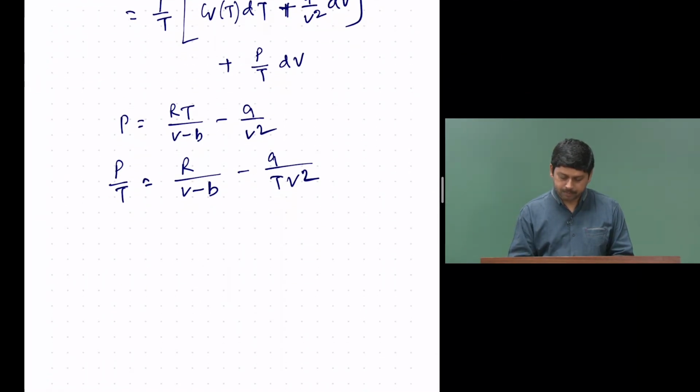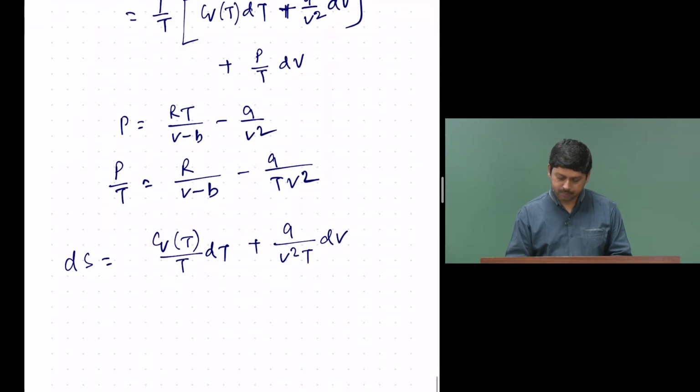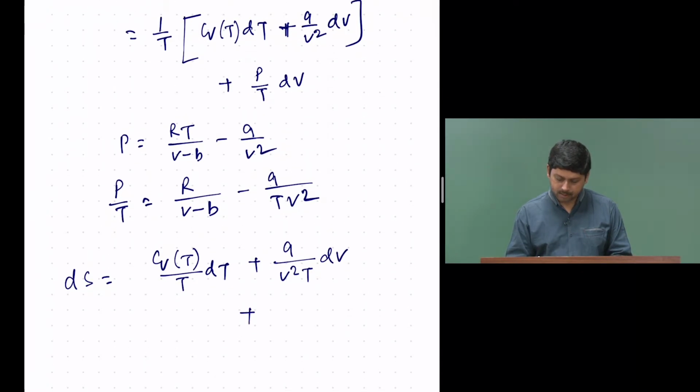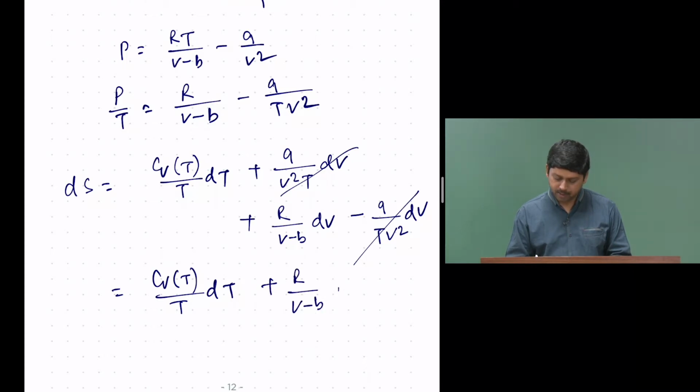So, dS is Cv dT by T plus a by v square T dv plus R by v minus b dv minus a by T v square dv, which is Cv dT by T, and this quantity cancels, giving us R by v minus b dv.